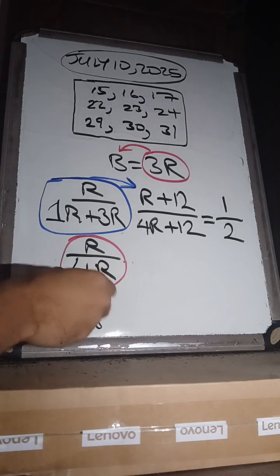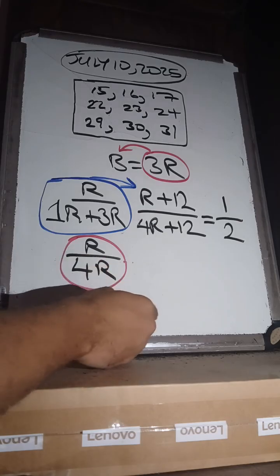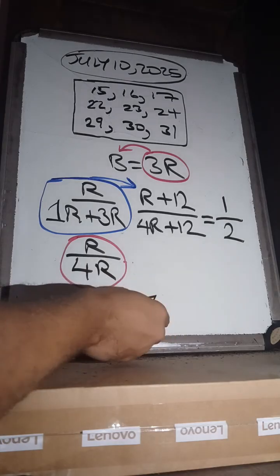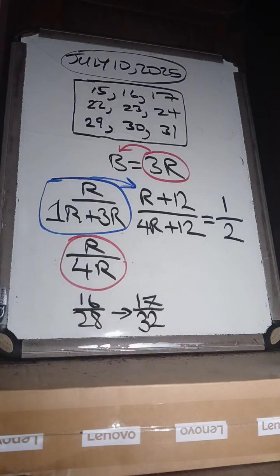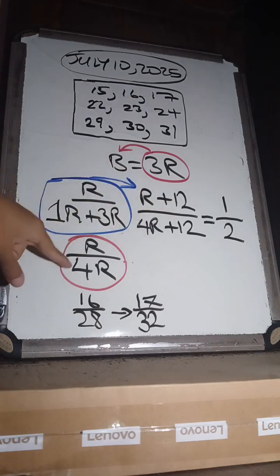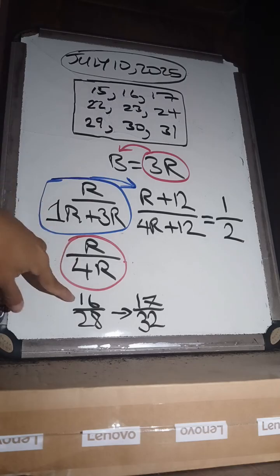Now if I add 1 to this and 4 to this, I get the next possibility. So I'd end up with this. So even when we're following this right here, it still kind of follows the 1 up here, 4 down here. If you add 1 to 16, you get that. You add 4 to this, you get that.